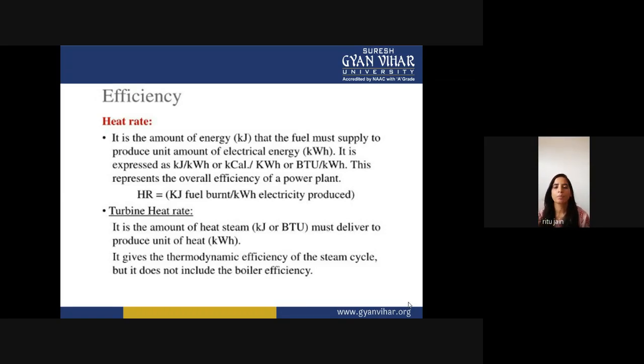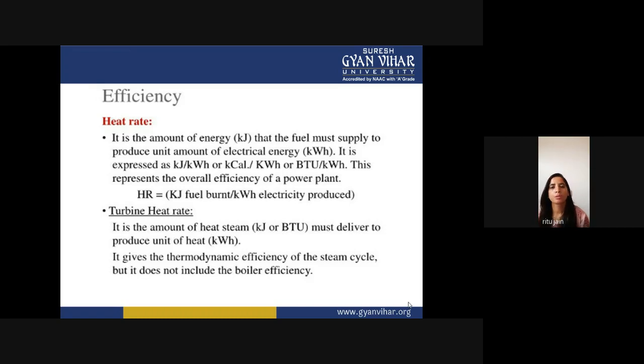Heat rate expresses that you burn this amount of fuel and get this amount of electricity produced. So the heat rate is equal to kilojoule per kilowatt hour. It is the ratio of energy divided by the electricity produced from the burning of fuel.